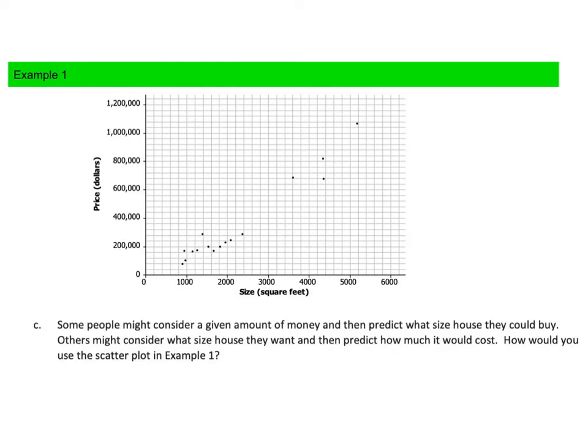Well, the first thing you have to do is draw what is called a line of best fit. And we were doing this a little bit yesterday. But basically, you want to draw a line that pretty much goes through your points.